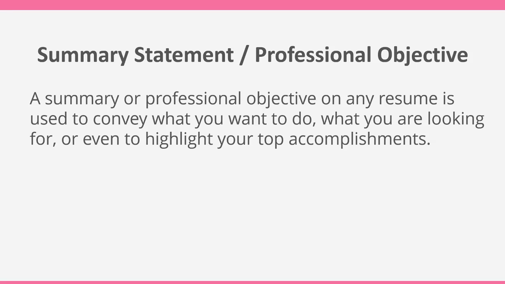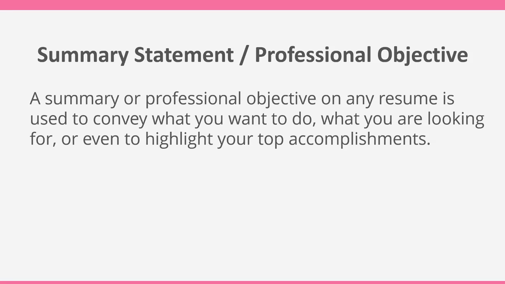Summary statement. A summary or professional objective on any resume is used to convey what you want to do, what you're looking for, or even to highlight your top accomplishments. Let's take a look at a bad example and then a good example. Bad example: a determined college student looking for a great career.